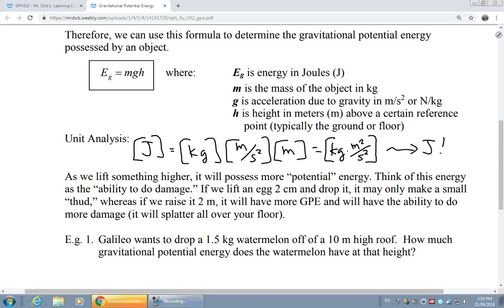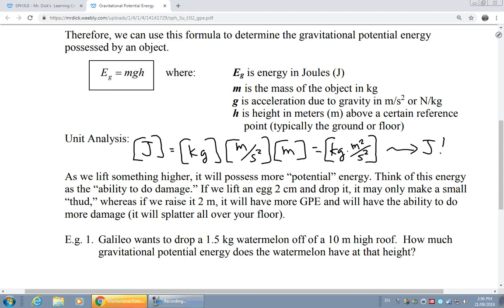And so we can see why it's going to depend both on the mass of the object and the height. Something that has a greater mass will create a greater ability to do damage. It can do more work on the things around it, like dropping a watermelon versus dropping an egg. But we also know that the height is going to make a big difference as well. We can do more work and have a greater effect if we drop something from a higher height than if we drop it from a lower height.